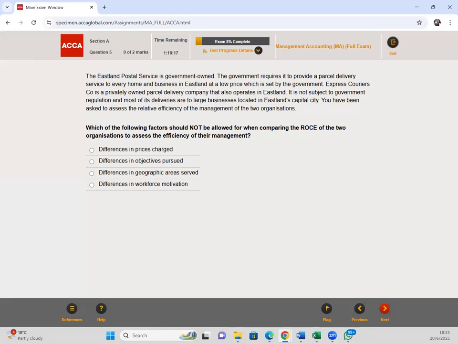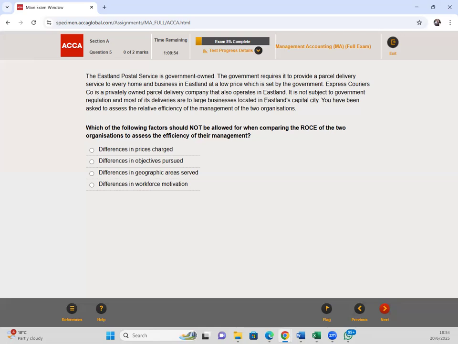So you can't use motivation as an excuse to say, this is why we failed to perform, because our workers in public limited entities are less motivated than the private. As a manager, it is your duty to provide motivation, even if it's a public limited company.